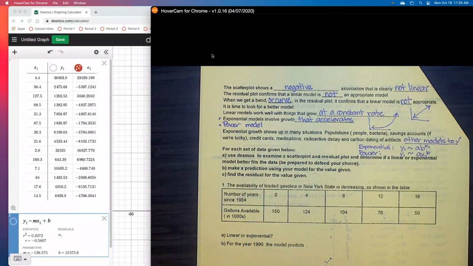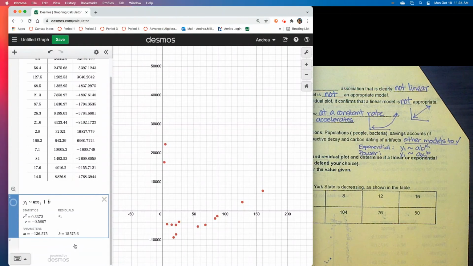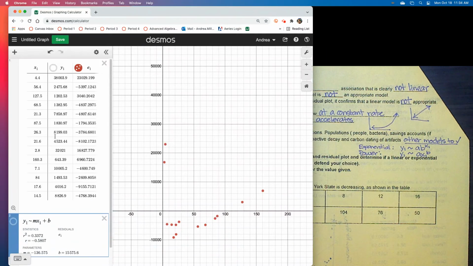Now what I want you to do is go back to your Desmos, and below where you typed in your line of best fit, make sure you have your Y values on. You can turn off your residuals so that you're not seeing those. Turn off your line of best fit.